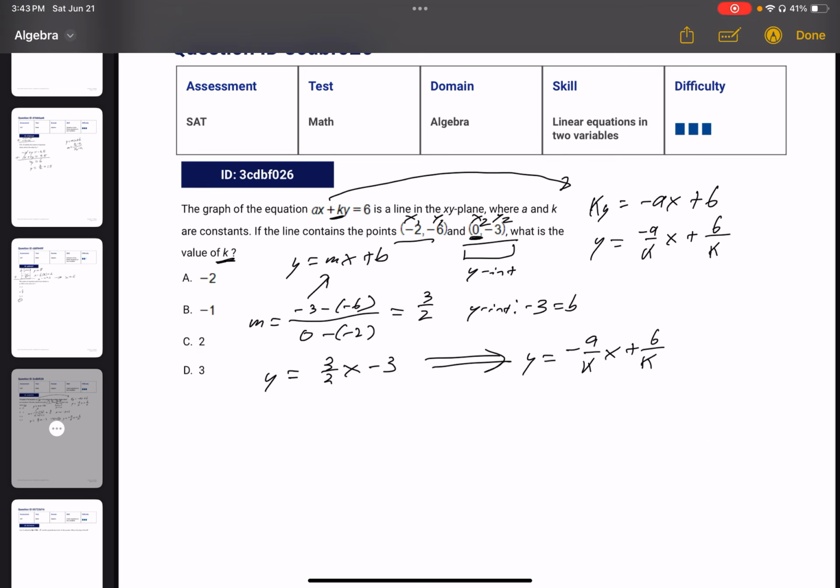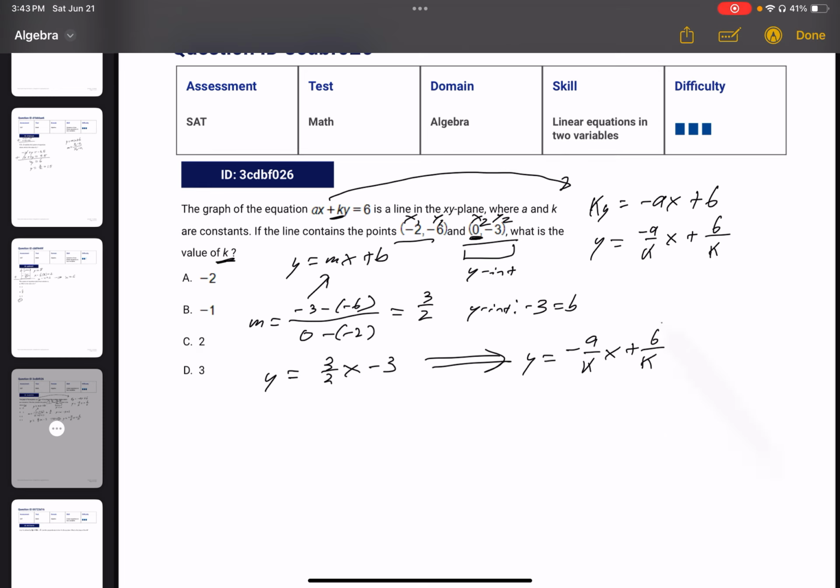Now when we look at both of these equations, we need to have the same slope. So we know -a over k is equal to 3 over 2, but we don't know what a or k is, so that's hard to solve for two variables. We also know that -3 is equal to 6 over k.